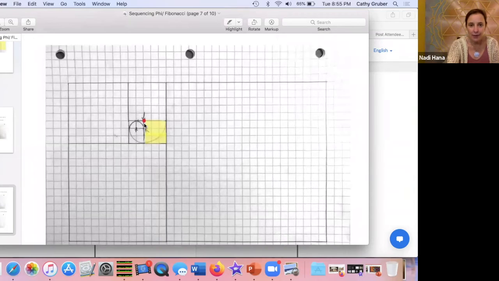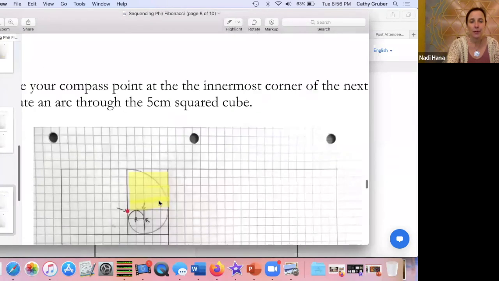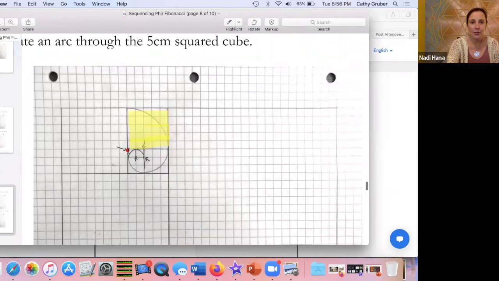Secondly, we're going to move around these internal points, and your compass point is going to go up here at the top left corner of the 3 cubic centimeter square. And you're going to draw the arc across and ending up at the opposite intersection. Now we're going to move the compass again on the next internal point of the rectangle, guiding us to the next arc from one corner to the other. Again, if you line up the arc initial point, it's just going to have a better flow than if the compass point is a little bit off.